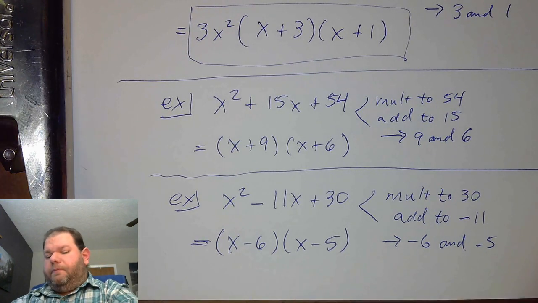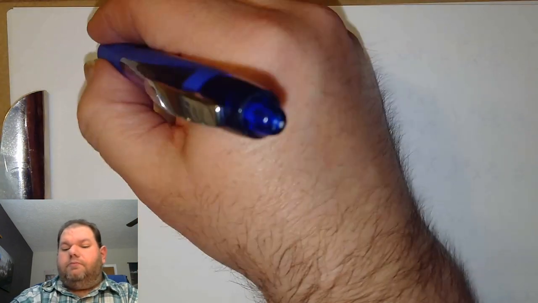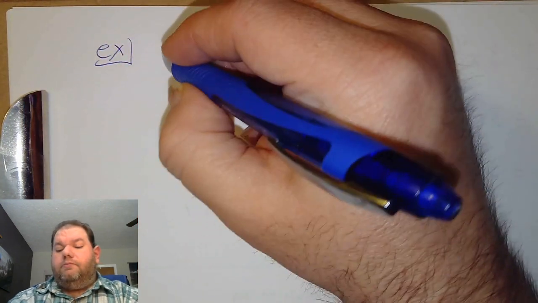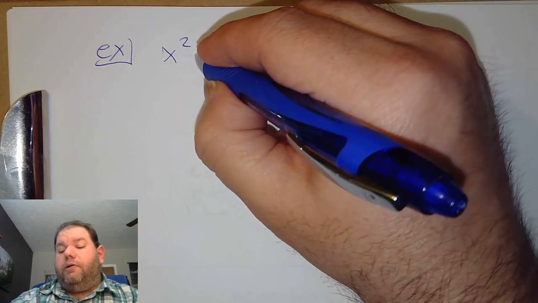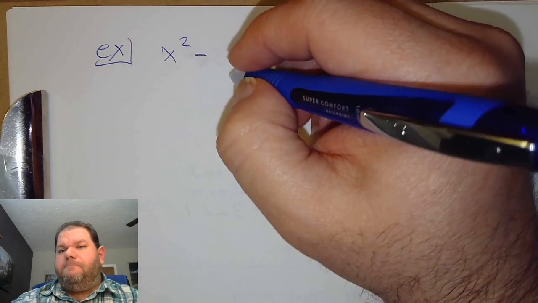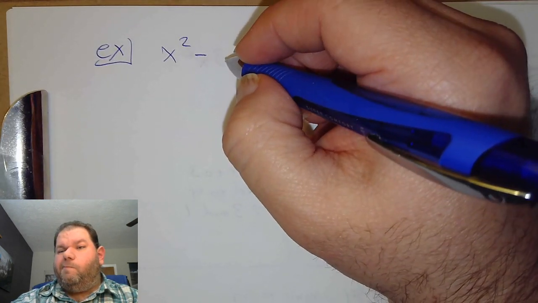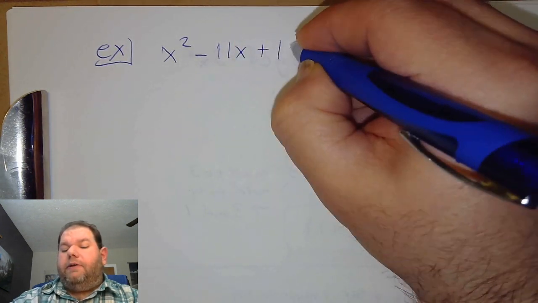Okay. So let's do x squared minus 11x plus 18.